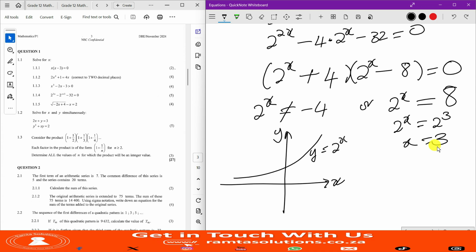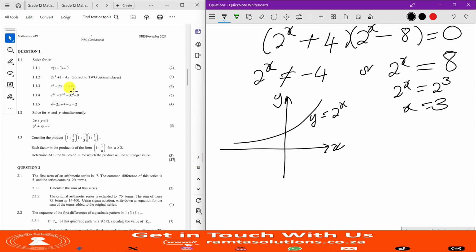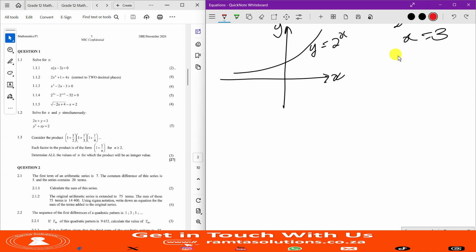Indeed, if you substitute x equals 3 into this, you will find that it equals 0. So let's just check. 2 to the 2 times 3 minus 2 to the 3 plus 2 minus 32. What is it? This is 2 to the 6, which is 64, minus 32, minus 32.